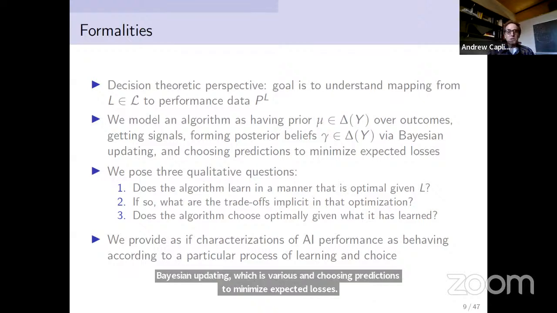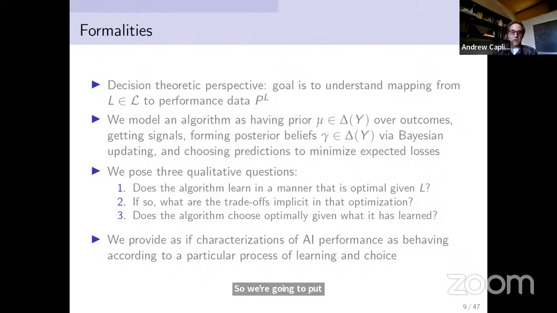So we're going to pose three qualitative questions, and they're as-if questions, of course. Does the algorithm learn in a manner that is optimal given L? If so, what are the trade-offs implicit in its optimization? And does the algorithm choose optimally given what it has learned? And obviously, our game is the as-if characterizations of these, and actually an implementation at the same time.